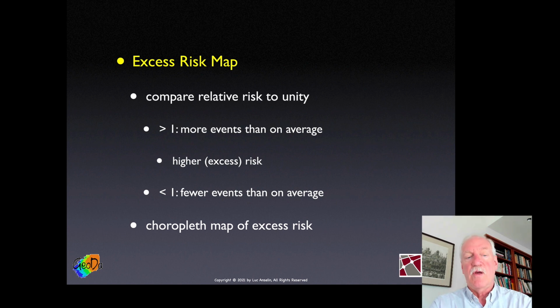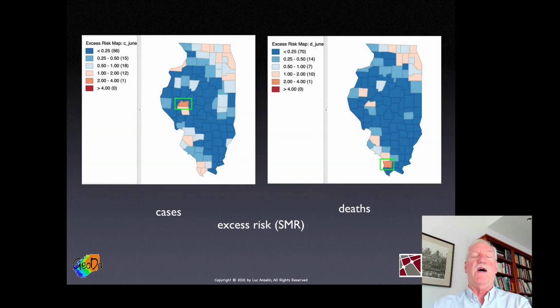And now we can compute these ratios for each county and then map them. And then in the map, we can find places that have truly elevated risk. And for the case of COVID in June of 2020, we identify one county here with between 2 and 4 times the state average.